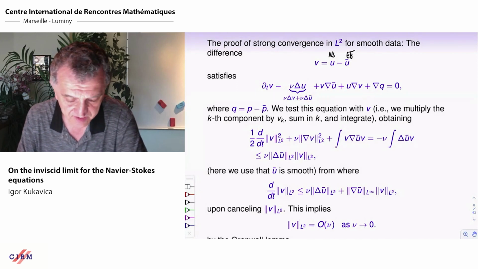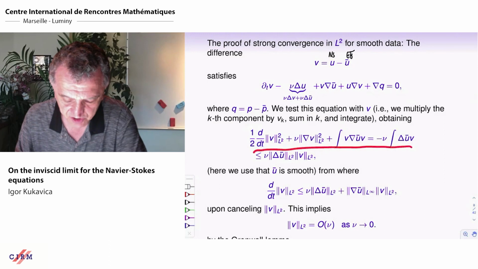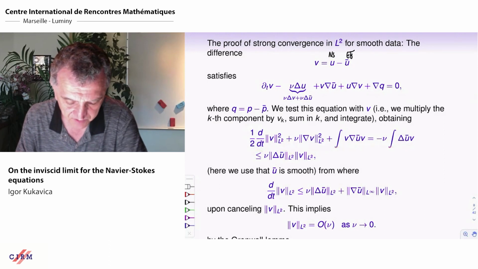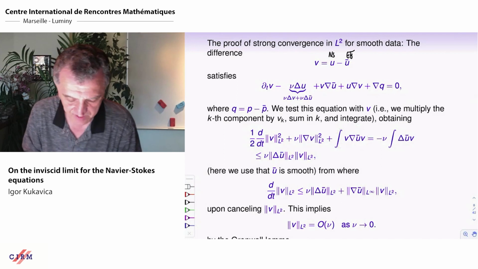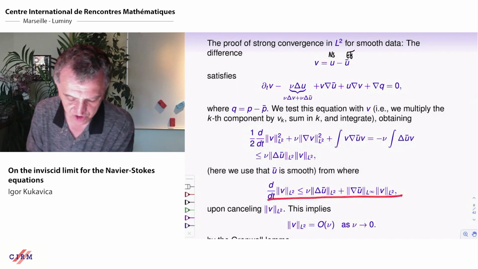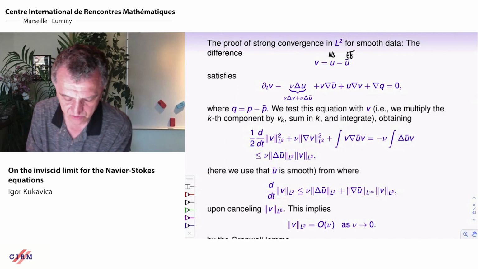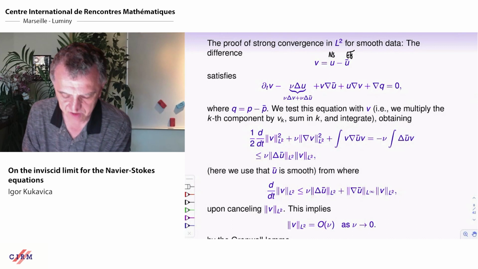So we test it with v, and we get an energy inequality: d/dt plus this plus that is less than or equal to this. We also have to put this term on the right side, and we get a nice energy inequality. So d/dt of the L2 norm of v is bounded by nu Laplacian u bar. That's given, so we can consider all the quantities related to Euler as given.